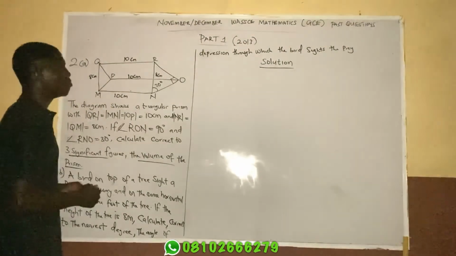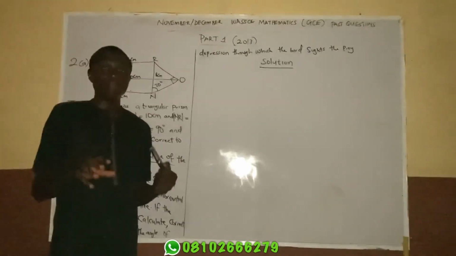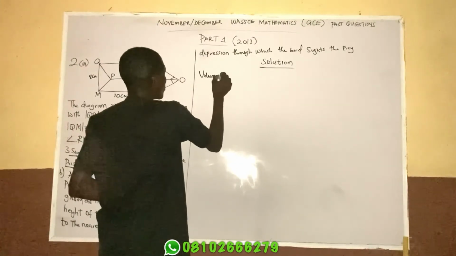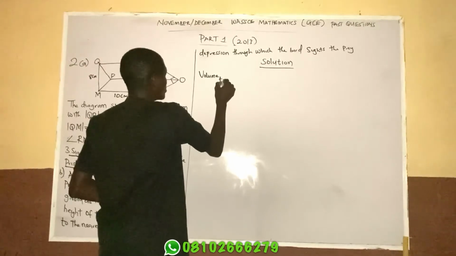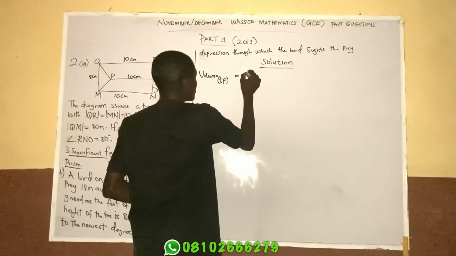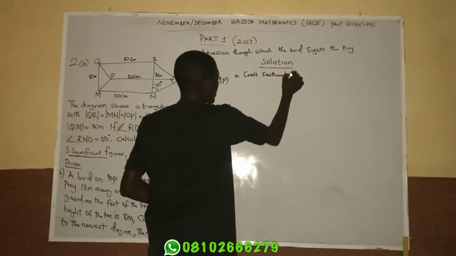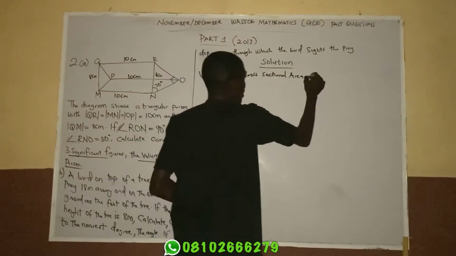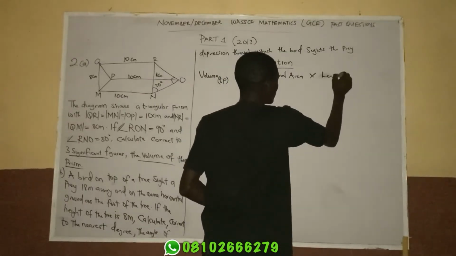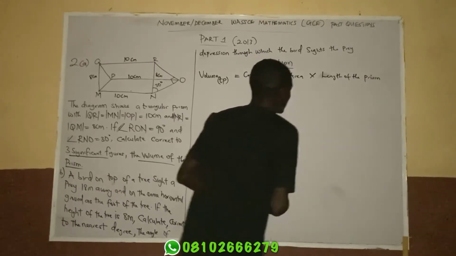So how do we calculate the volume of a triangular prism? Because this prism is not just any prism, it's a triangular prism. The volume of a triangular prism is given as the cross-sectional area multiplied by the length of the prism.